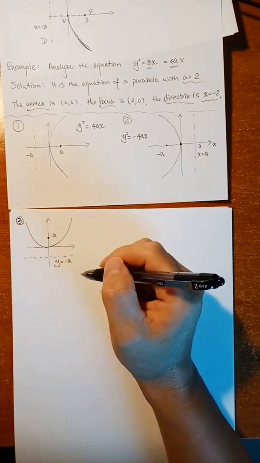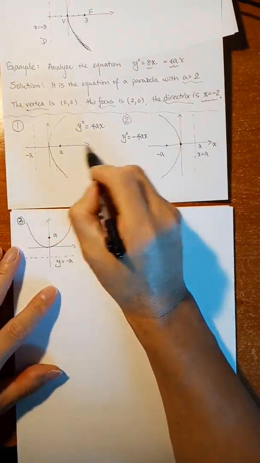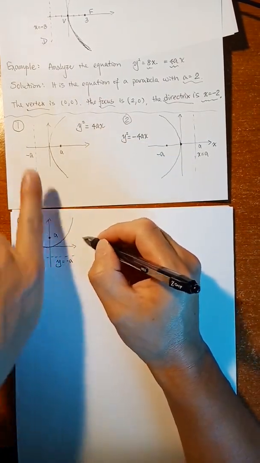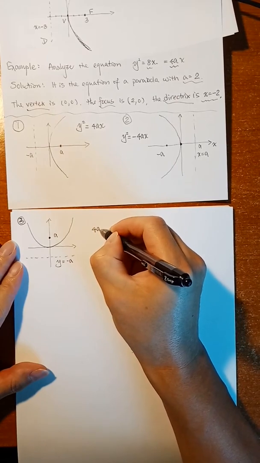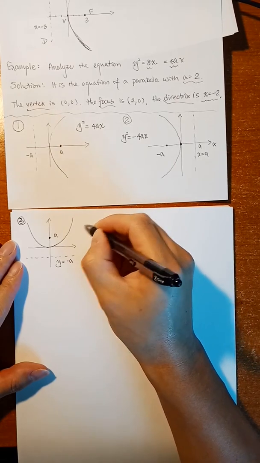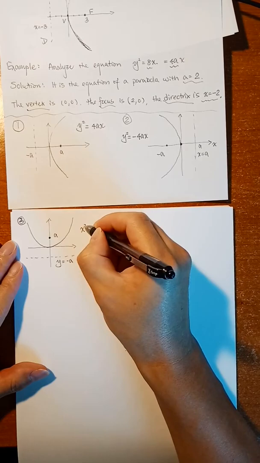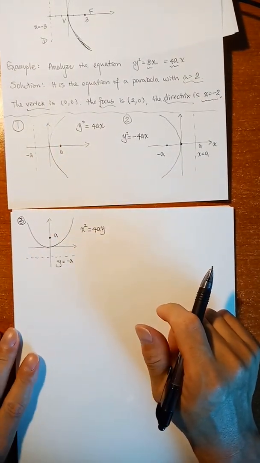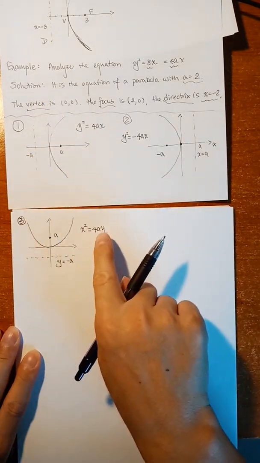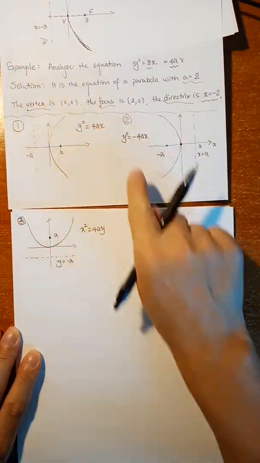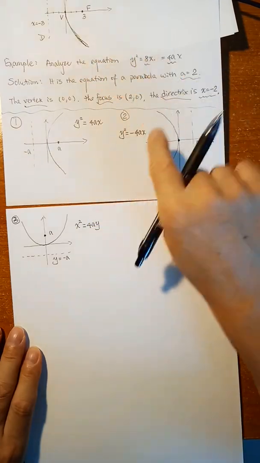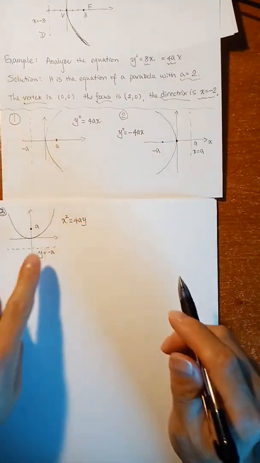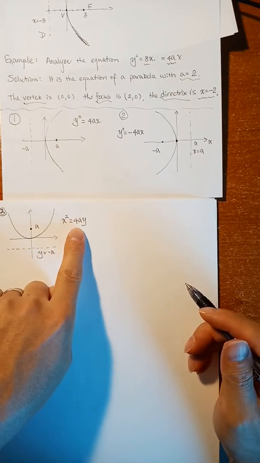And the corresponding equation, check here. This is open to the positive x, it's 4ax. This is open to the positive y, so you will get 4ay. Okay, because here you have y, then this part you have x. x squared is equal to 4ay. Positive y, 4ay. Positive x, 4ax. Negative x, negative 4ax. Okay, so this is x squared is equal to 4ay.